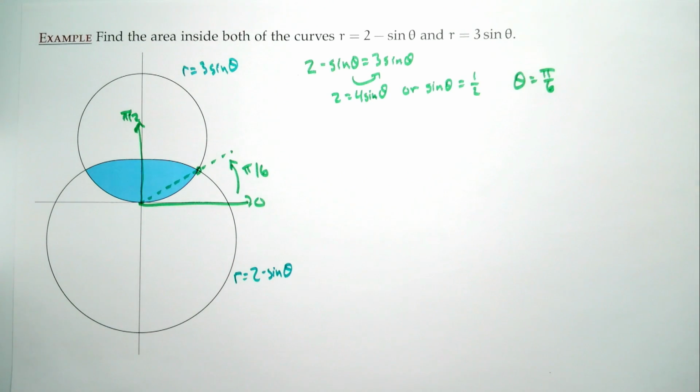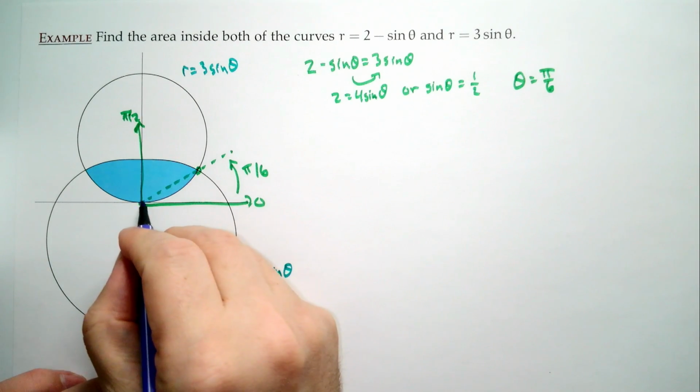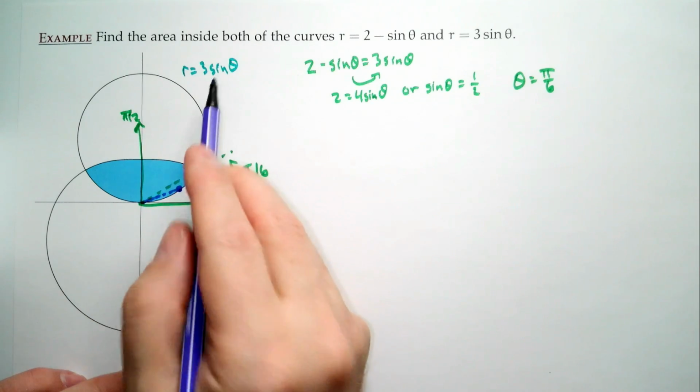Next question. Which curve is on the outside? 2 minus sine theta. It's a trick question. It depends on where you're at. This is not take an outside squared minus an inside squared. If your angle is low, you go out to the 3 sine theta.